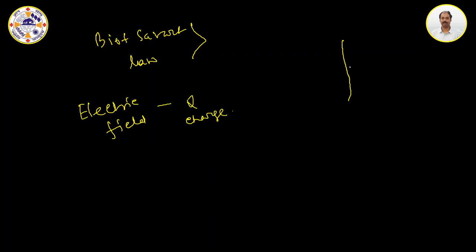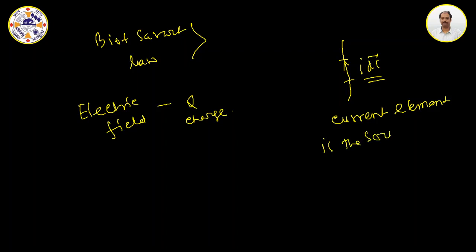The source of magnetic field is a small current element. We already talked about the current element when we discussed Ampere's law. So the current element is the source of magnetic field.